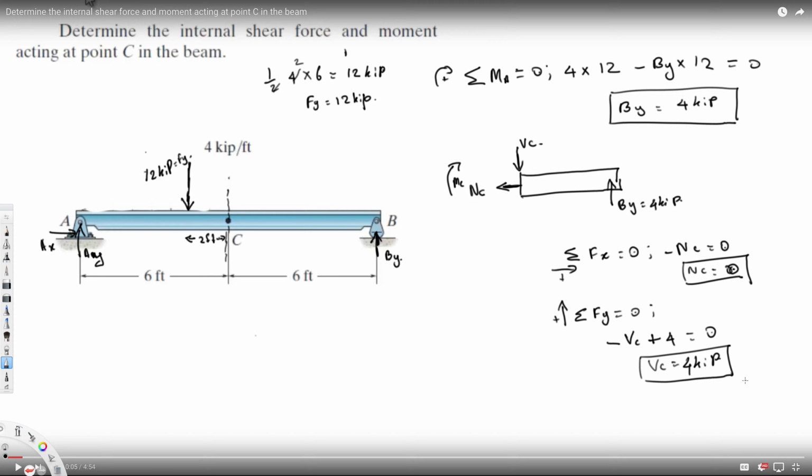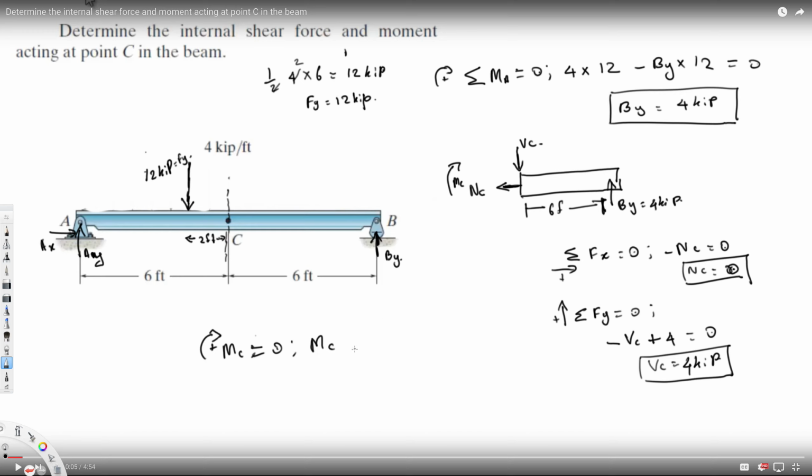My final thing is to find the moment around C. If I take the moment around C clockwise and solve this, we are going to have MC, which is positive since I'm taking clockwise positive. The only other force creating a moment is By, and the distance is 6 feet.